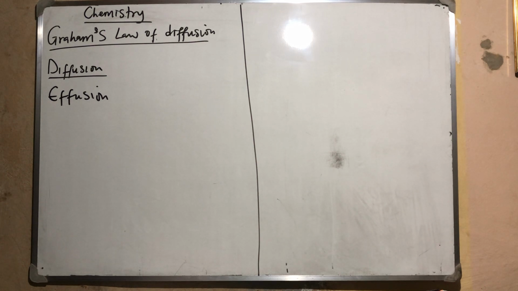Now, let's write. Graham's law of diffusion states that the rate of diffusion of a gas is inversely proportional to the square root of its density, or vapor density, provided that temperature and pressure remain constant.